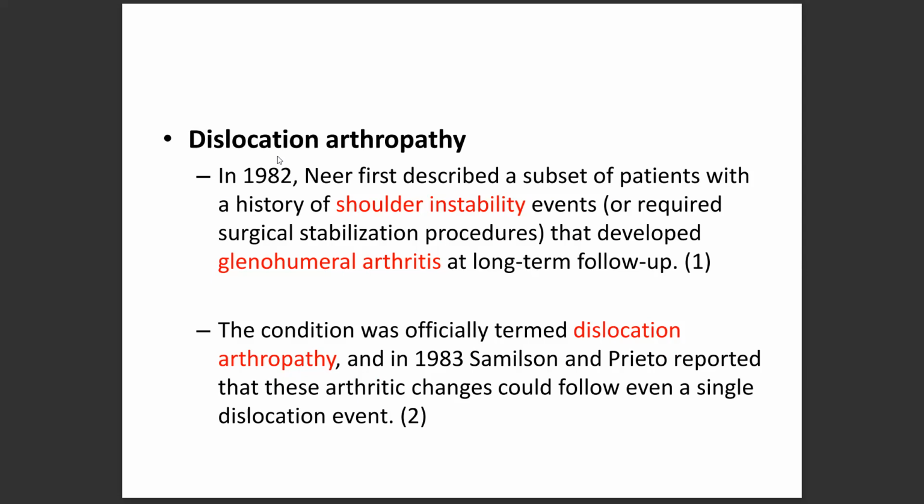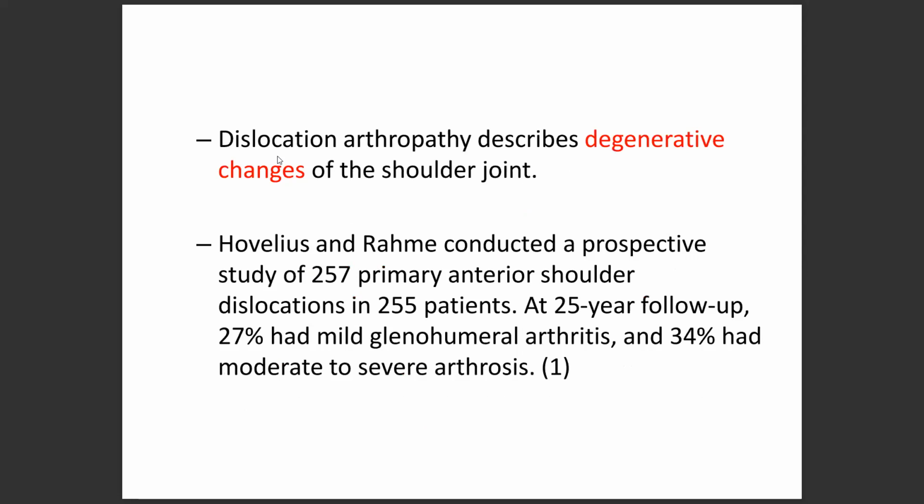The condition was officially termed dislocation arthropathy, and one year later, in 1983, Samuelson and Prieto reported that these arthritic changes could follow even a single dislocation event. Dislocation arthropathy describes the degenerative changes of the shoulder joint.